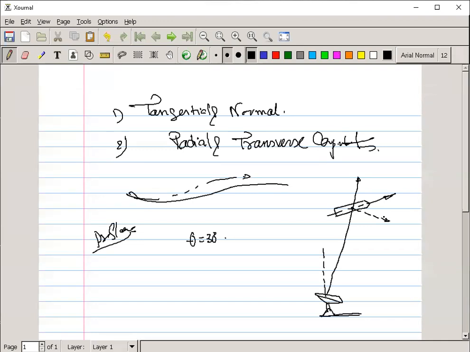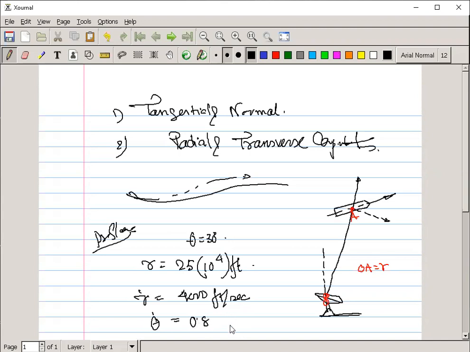Now the tracking data which are given: first of all, r means this distance I am talking about, from O to A, which is denoted as r, which is given here. r is equal to 25 × 10 to the power 4 feet. And r dot is also given, that is the velocity, 4000 feet per second, and theta dot is given as 0.8 degree per second, meaning the change in the angle.